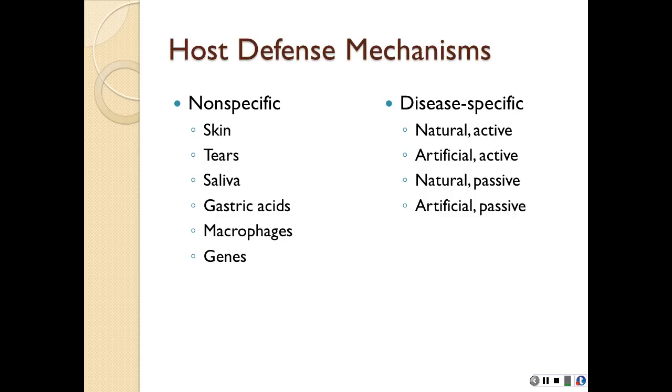So if you have eczema, you can't have it. If those people were exposed to smallpox, you could take someone who was immune to smallpox, take their blood, pull out the antibodies and then give them to the person that was exposed to smallpox, and therefore you give them short-term immunity to that disease.